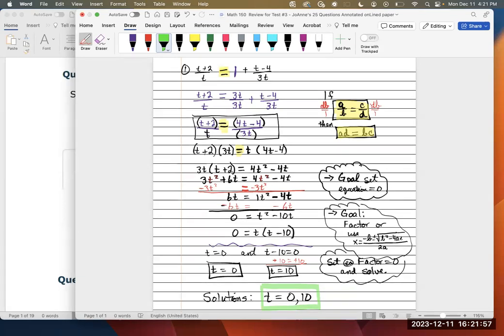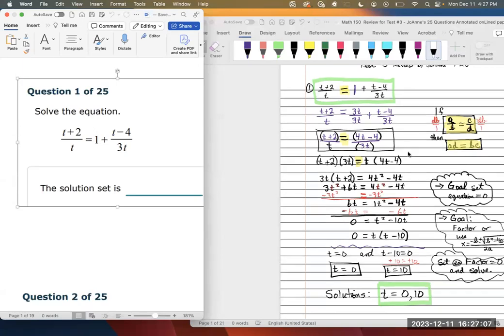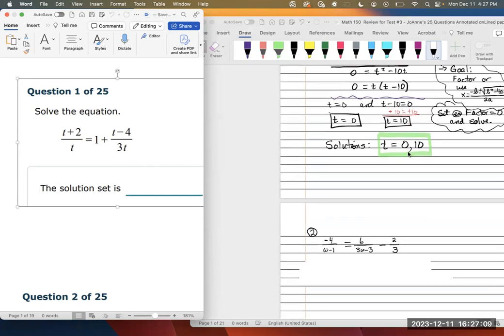Here's an image of the entire problem from start to finish. This is what we were given to start. And the two values that make the original equation true are when t is 0 or when t equals 10. So the solution set for number 1 is the set of numbers that include the number 0 and the number 10.